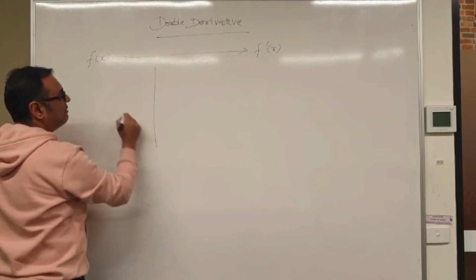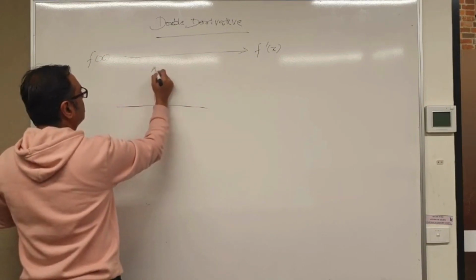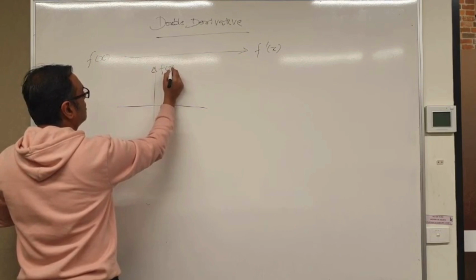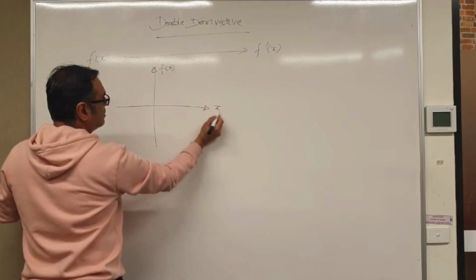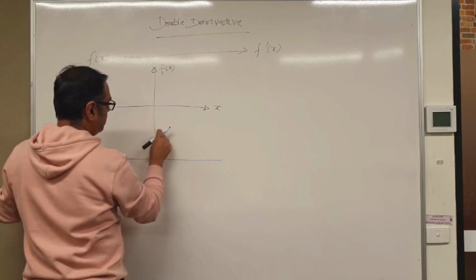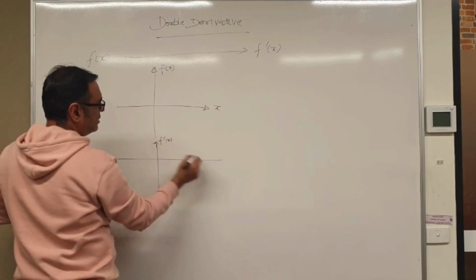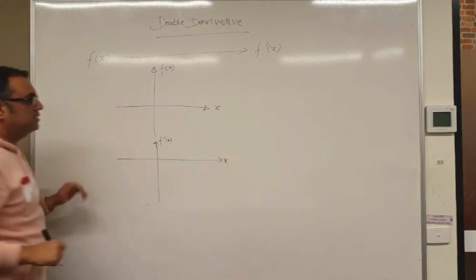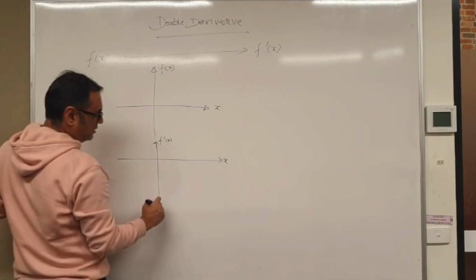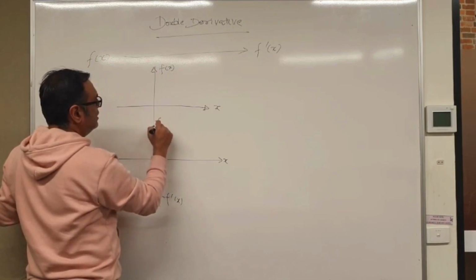If I have a graph like this, f of x, this is f of x, and this is x, and I draw another graph which is f dash x to x. So obviously this is negative f dash x, and this is negative f of x.